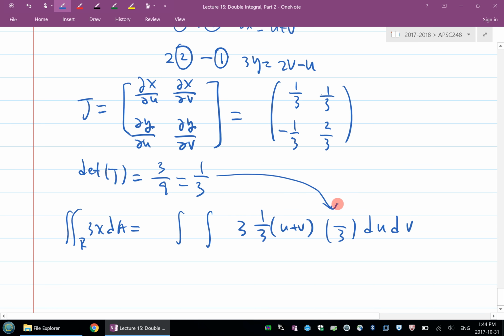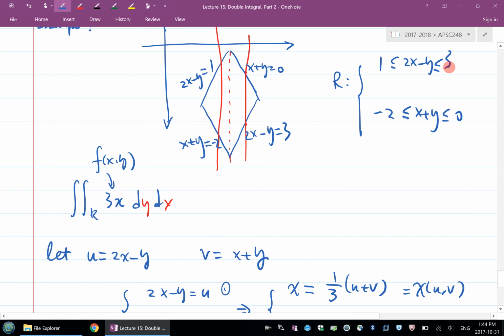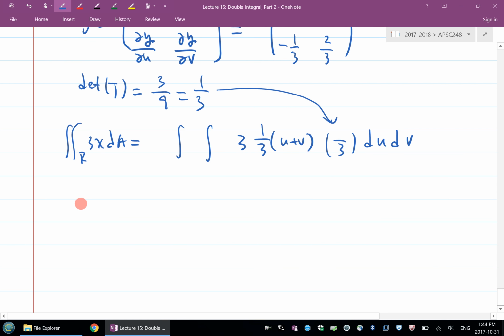The limits: your u is 1 to 3, your v is negative 2 to 0. So basically 1 to 3, negative 2 to 0 here, right? Yeah. And this is a one.